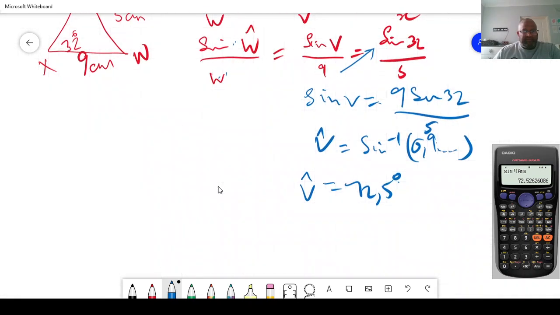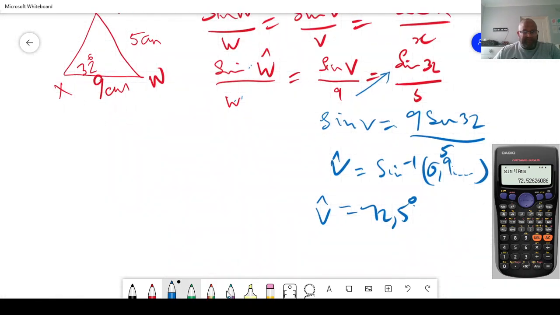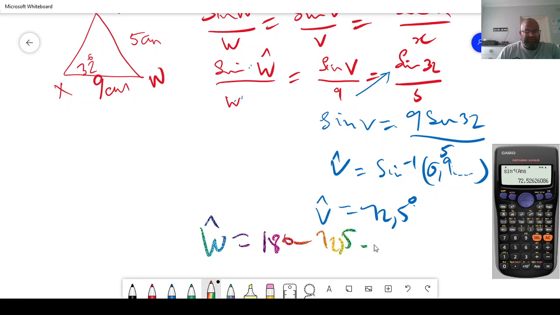So for angle W, we're going to say that it is 180 degrees minus 72,5, which is angle V, minus 32 degrees.